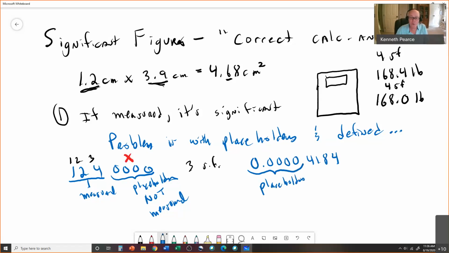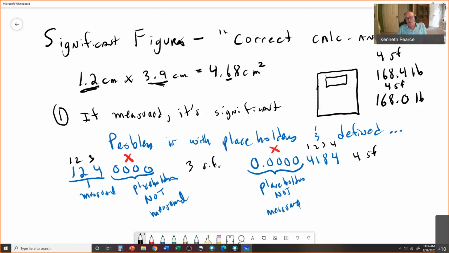If they're not measured, then all these zeros up here must not count for significant figures either. If you don't measure it, it doesn't count. The only ones that we measured were these over here, 1, 2, 3, 4, and so we say this is 4 significant figures.